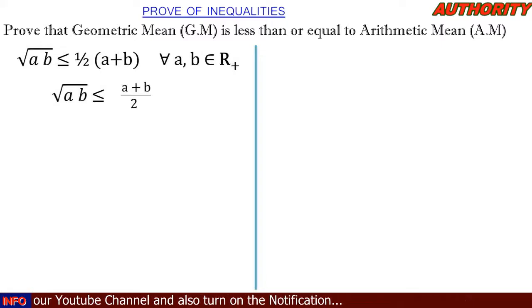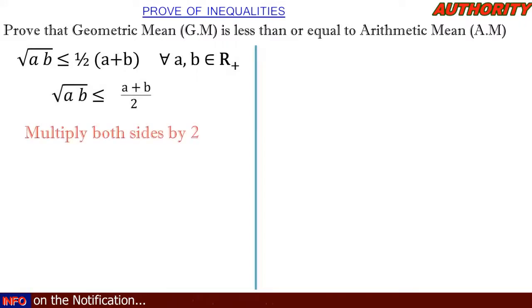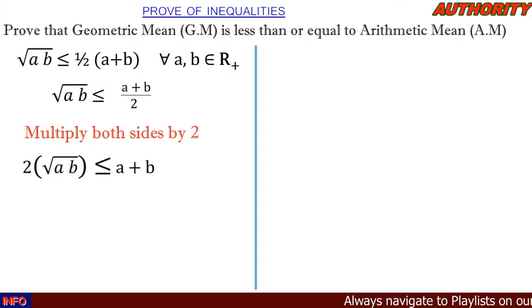So we have square root of AB is less than or equal to A plus B all over 2. So here we are going to multiply both sides by 2 so that we'll remove this 2 so that it will be linear. So when we multiply both sides by 2, we are going to have 2 open bracket root AB is less than or equal to A plus B. That is what we are going to obtain.